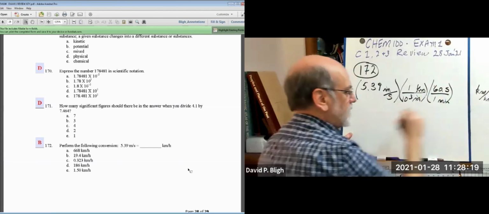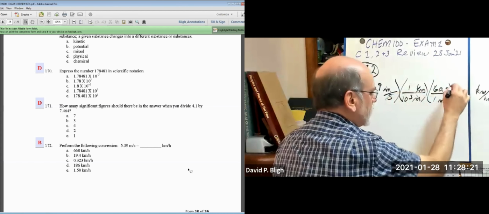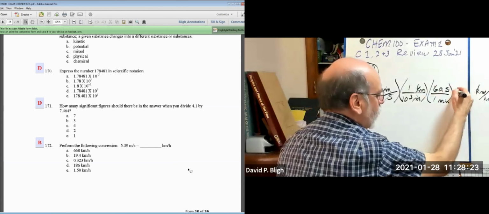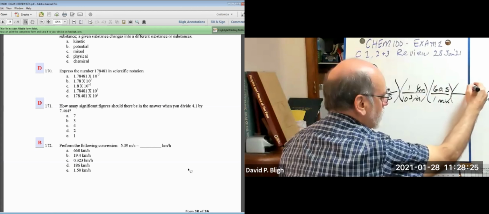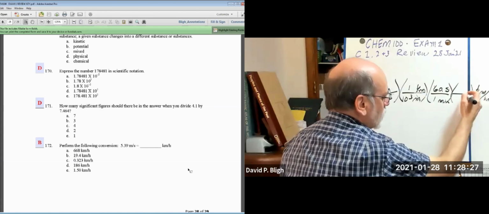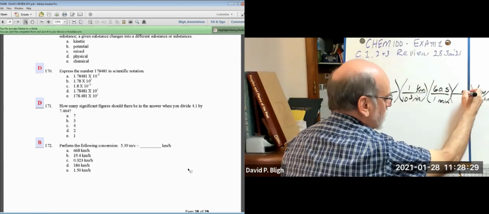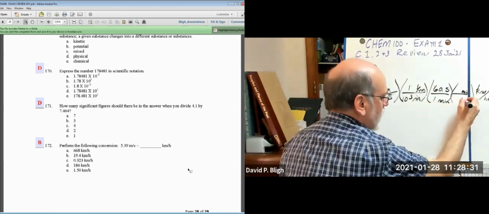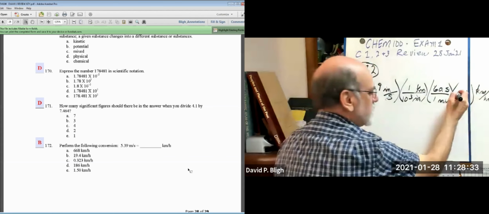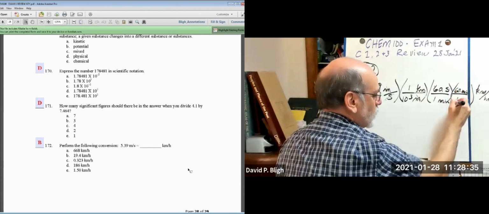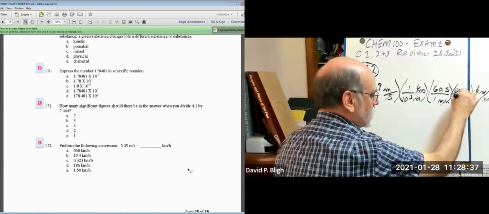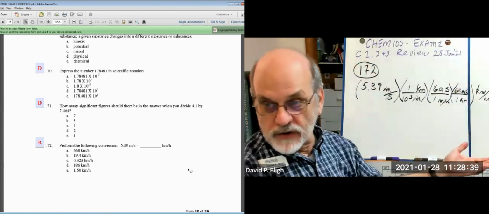So we got seconds done. Now we need to convert minutes to hours. So minutes needs to be on top and hours on the bottom: 60 minutes, and 1 hour. There we go. Now we got both units converted.